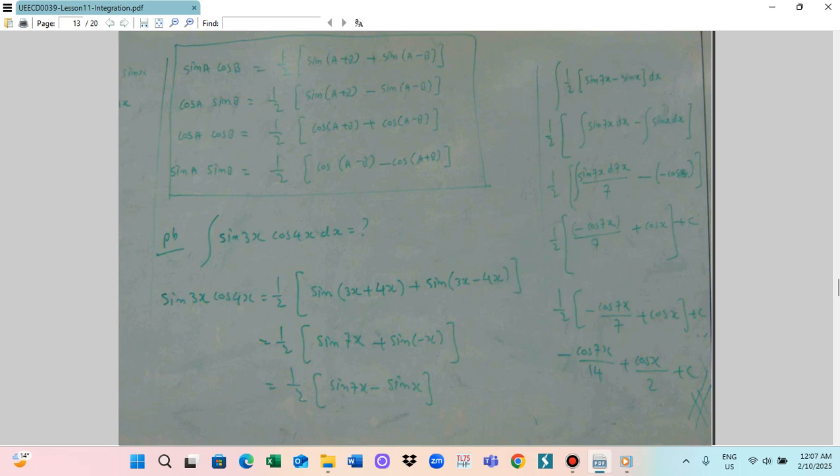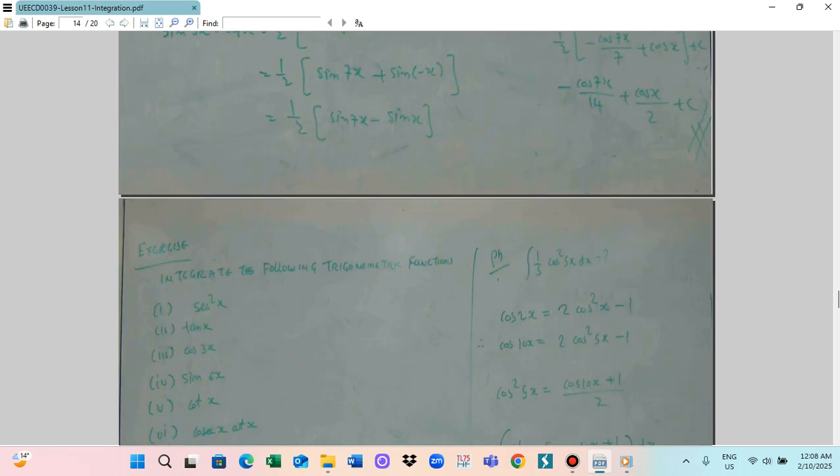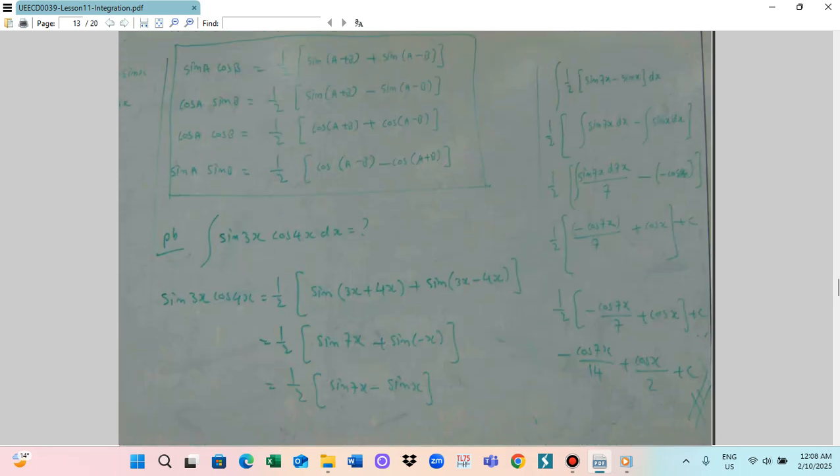Firstly, you see sin and cos are different. So A is similar to 6A, B is similar to A. If you use the formula, firstly sin 6A cos A is half into sin, where instead of A you substitute 6A: sin(6A plus A) plus sin(6A minus A).